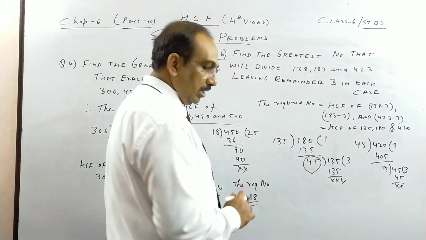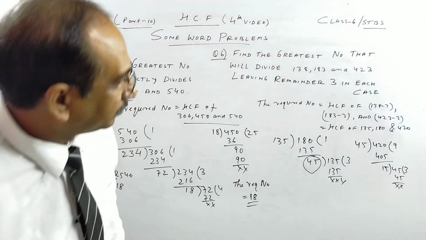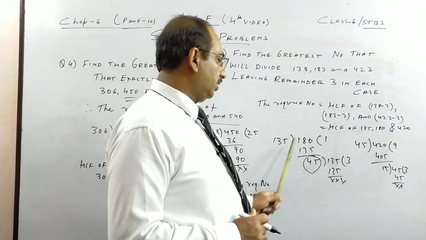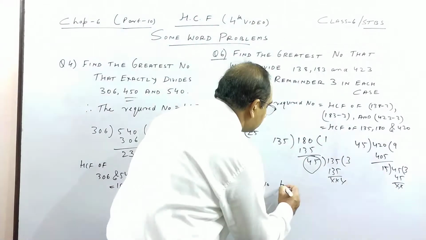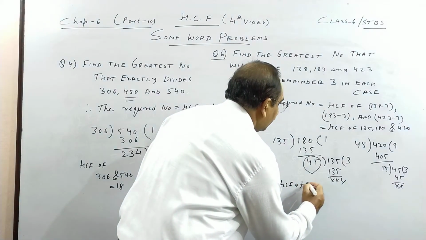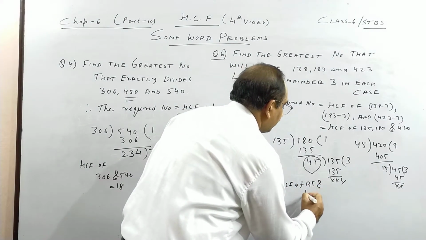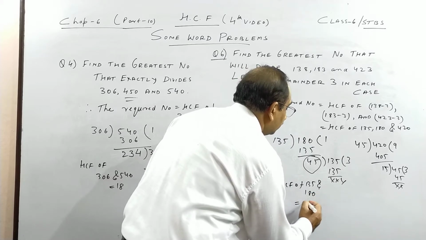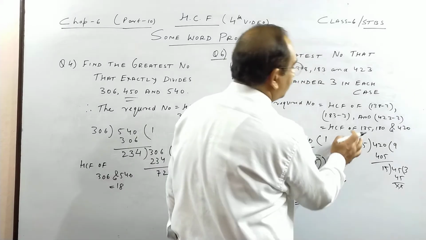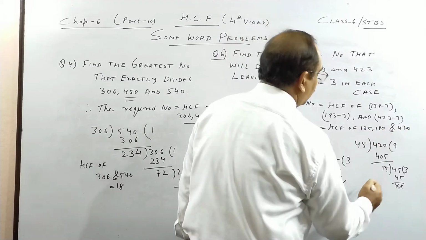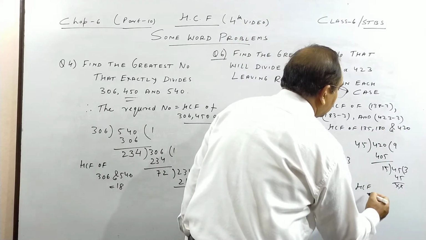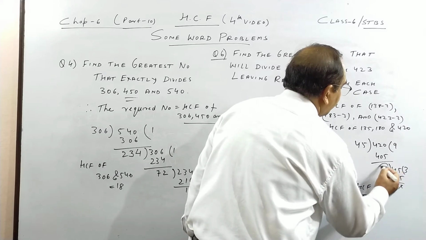So ultimately what I did, see children, I have done 180 and 135. I got 45 as the HCF of these two. So you can write HCF of 135 and 180 is equal to 45. And this 45, the HCF of these two numbers, I try with 420. So I get the HCF of all these three numbers as 15.